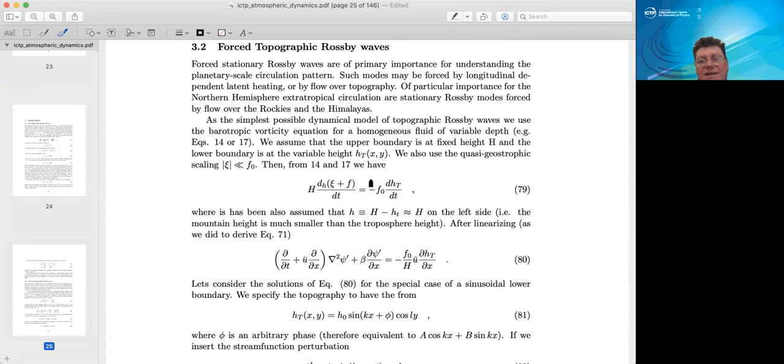And on the right-hand side, again, we ignore the relative vorticity here compared to the planetary vorticity. And we get this simpler expression here, which almost looks like the vorticity equation that we have linearized before, but with this additional term here.